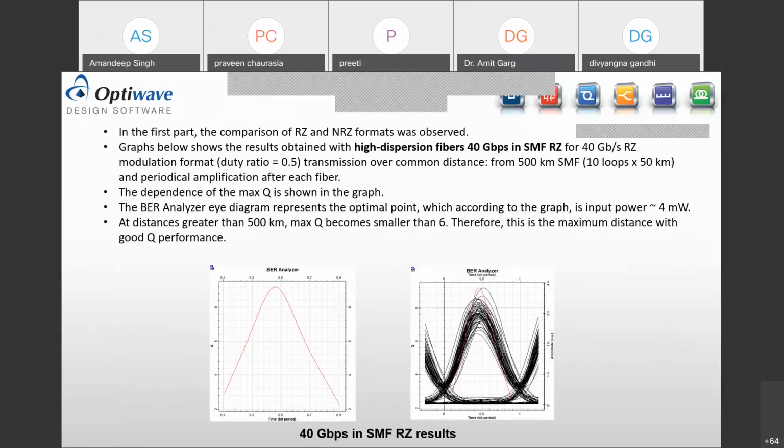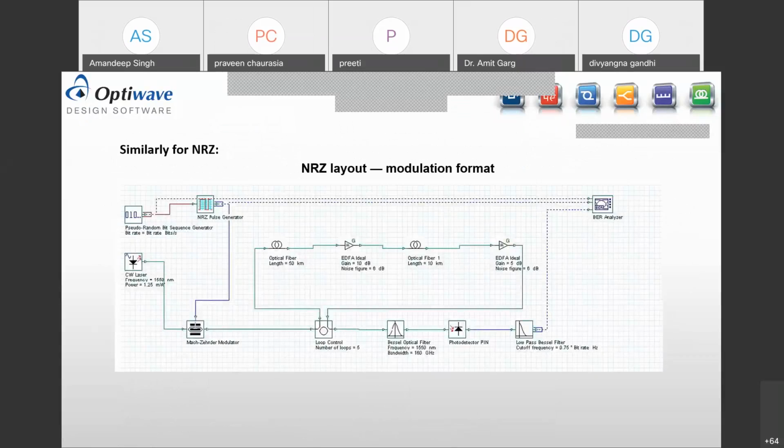This is what we have generated using RZ scheme for 40 Gbps. Whereas if we talk about NRZ layout, so instead of the loops to 10, we are setting it for 5.